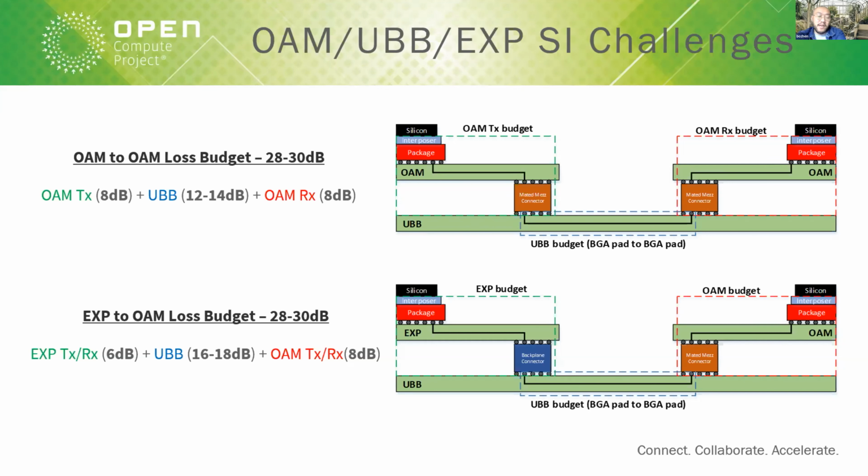So we give the reference guidance of 30 dB here for both LR capable SerDes on both sides, from OEM to OEM, which is the so-called scale up. Then we give 8 dB on the OEM TX. We give 12 up to 14 dB to UBB. Then the OEM RX will be another 8 dB, right?